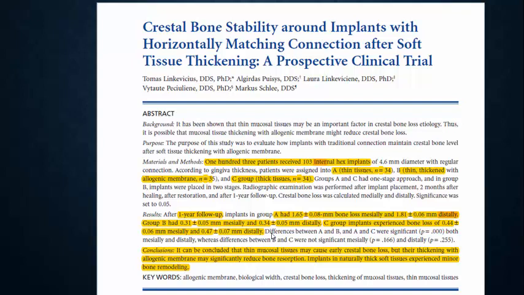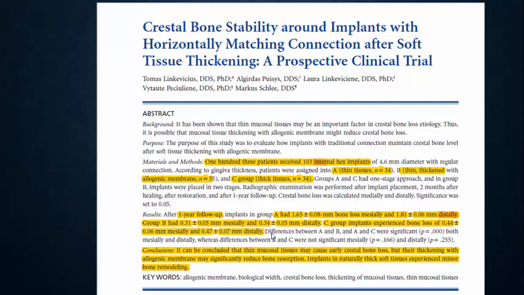C group, which is the thick biotype patients, they found the bone loss is 0.4 millimeter. So in conclusion, it can be concluded that the thin mucosa may cause early crestal bone loss, but thickening with allogenic membrane may significantly reduce the bone resorption.